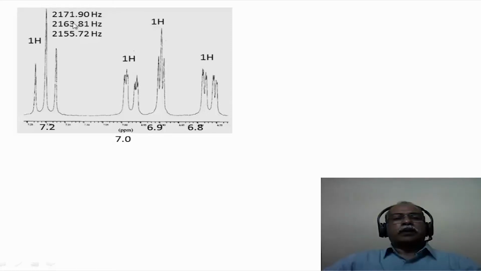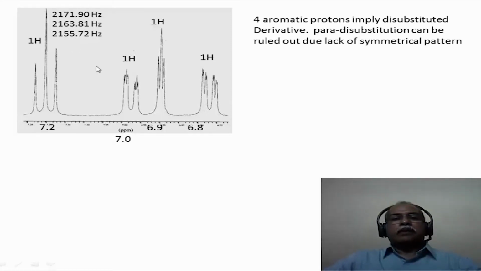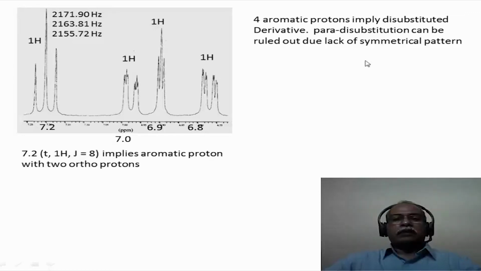There are 4 aromatic hydrogens in the molecule, which implies a disubstituted aromatic derivative. It's certainly not a para-disubstituted derivative because of the lack of symmetry in the pattern. A para-disubstituted derivative would give an A'B' pattern, which would be symmetrical in the NMR spectrum, which is not so. So this is definitely not a para-disubstituted derivative.